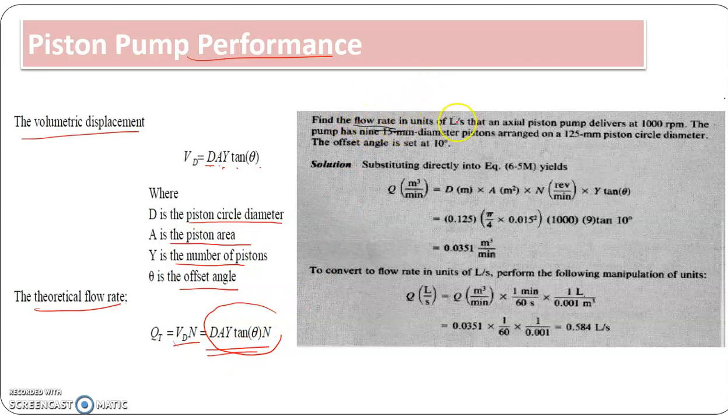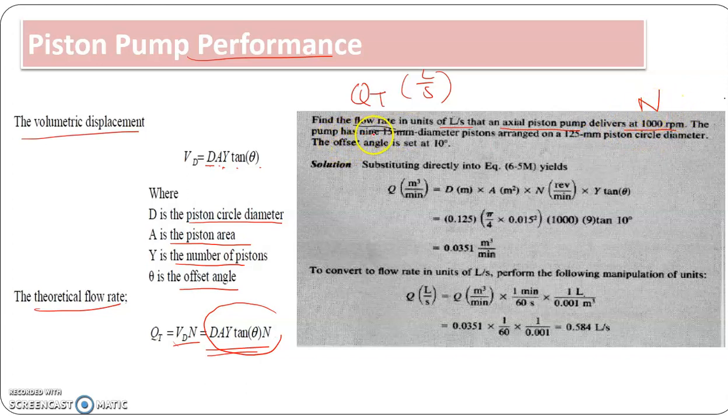Find the flow rate Qt, in liter per second, of the axial piston pump that delivers at 1000 rpm, N being the rotational speed.